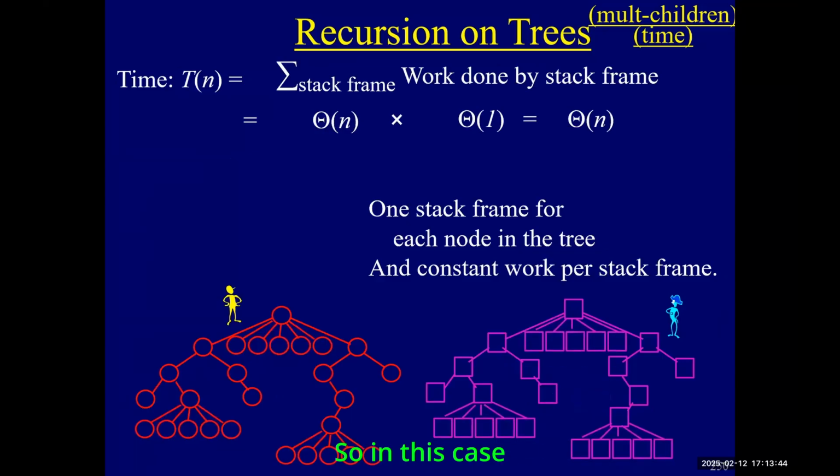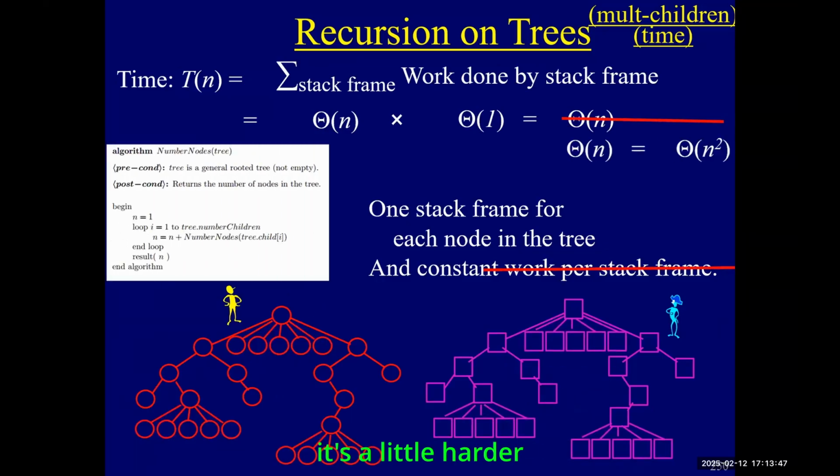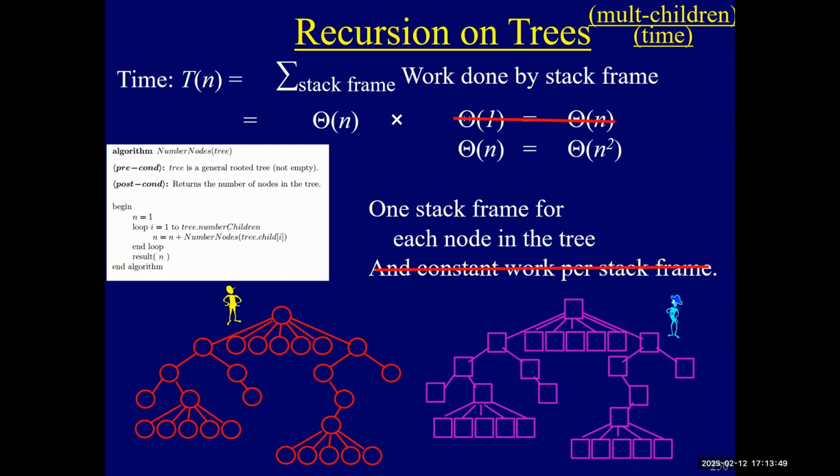In this case, it's a little harder because there's a loop, and so I'm not doing a constant amount of work. The amount of work I do is the number of children I have. I've struggled explaining this to students over the years, and I think the best way to think about it is to talk about how many edges are in the tree.